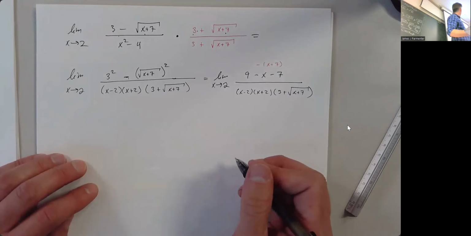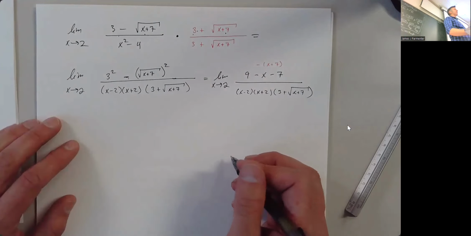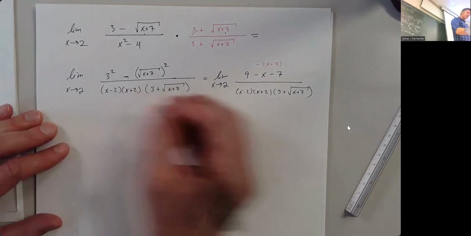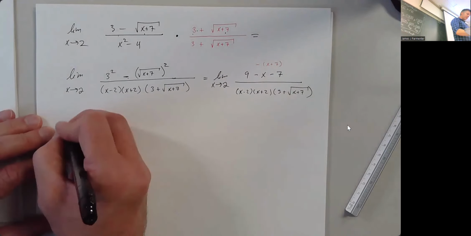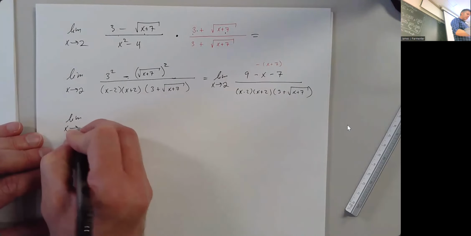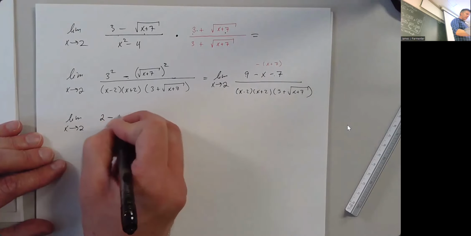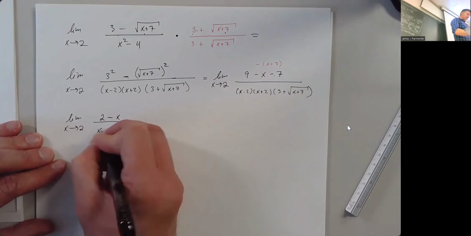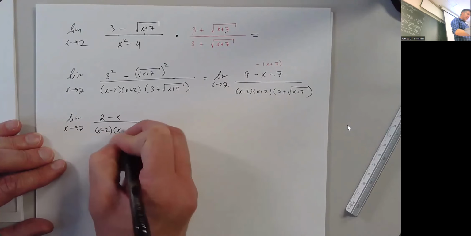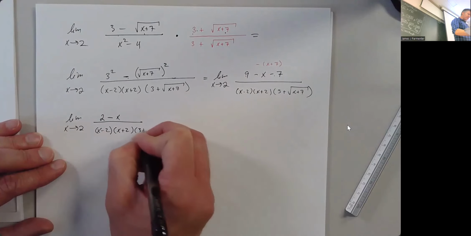Let's simplify the top even more. In fact, I probably could have done that in one step. Oh well, sometimes we don't do it in one step. So we've got the limit as x approaches 2. 9 minus 7 is 2, minus x, over x minus 2 times x plus 2 times the same deal.